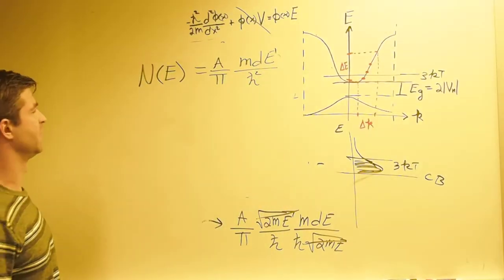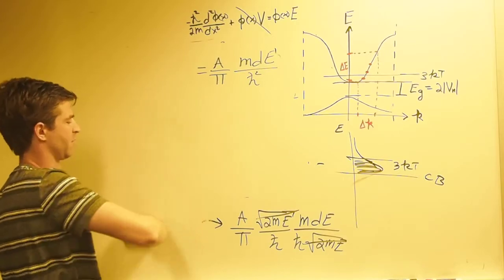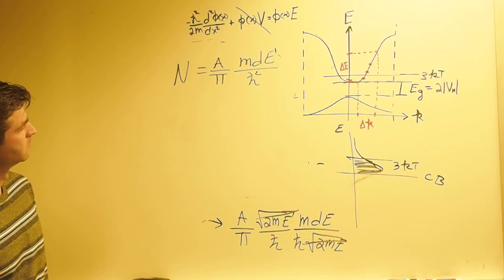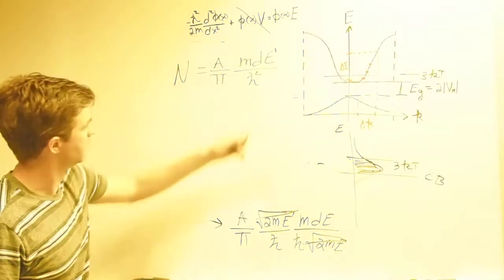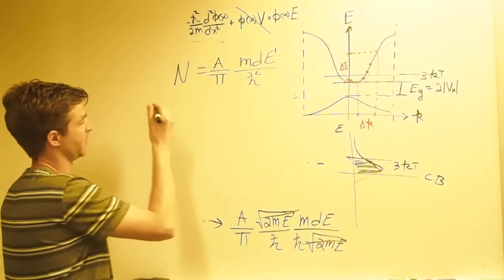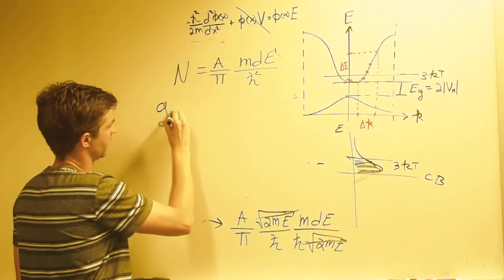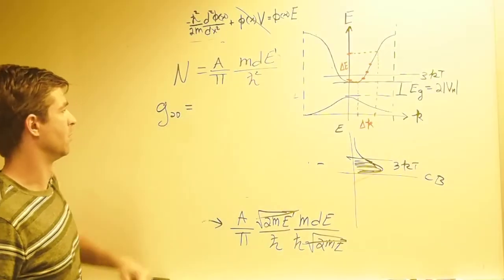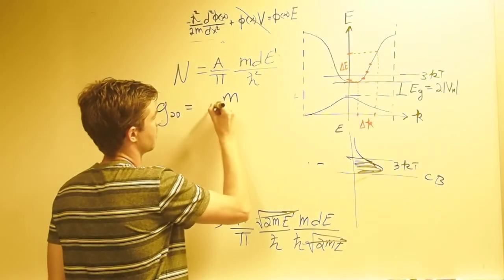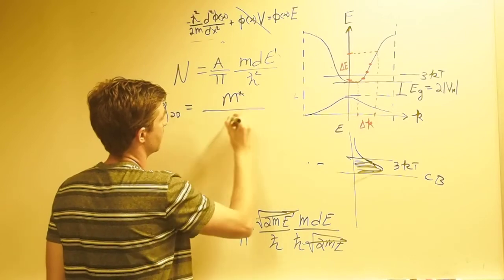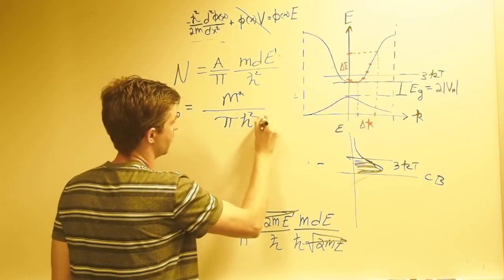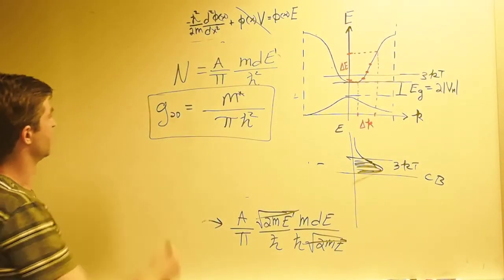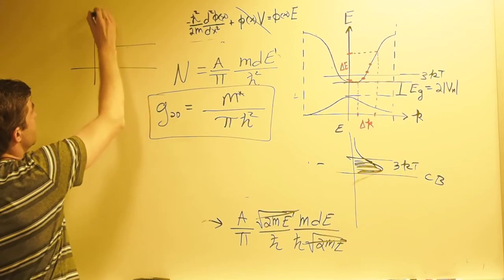So really, N of E, in terms of energy, is just constant. It's completely independent of energy. Well, we have this delta E right here, but when we transfer this to 2D, the area and dE go away, and we just get something in terms of m star over pi h bar squared. So if we plotted it, it would just be constant.